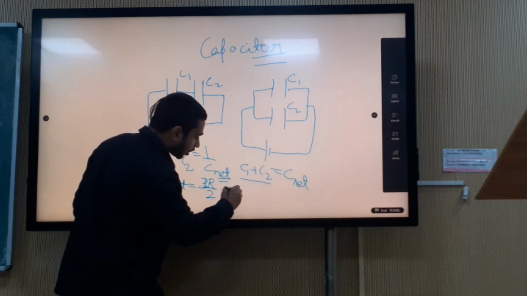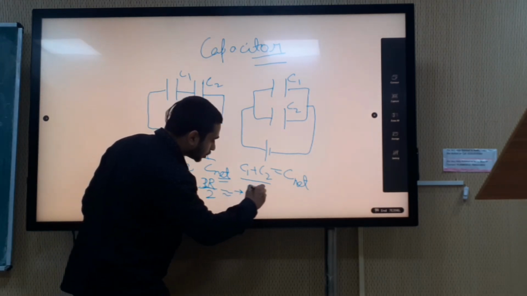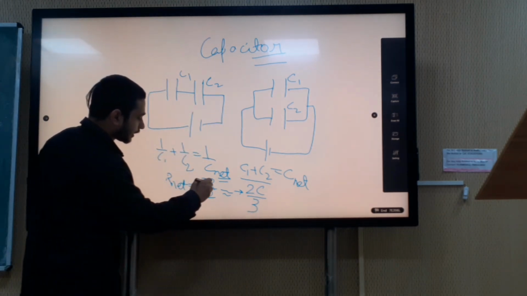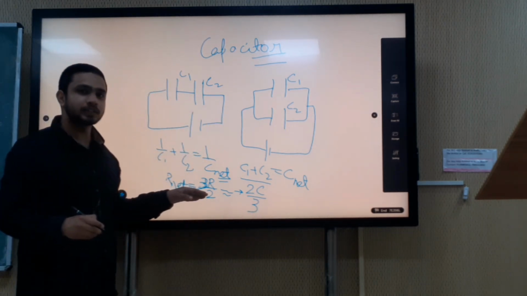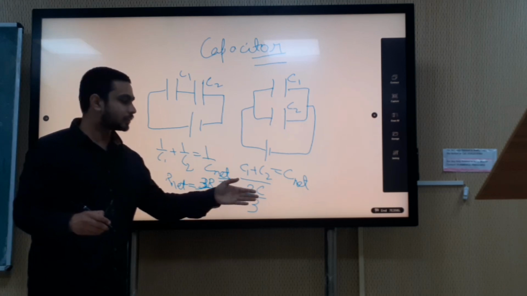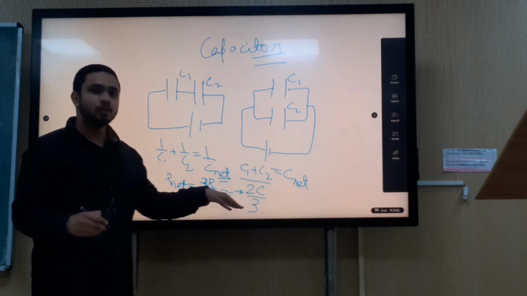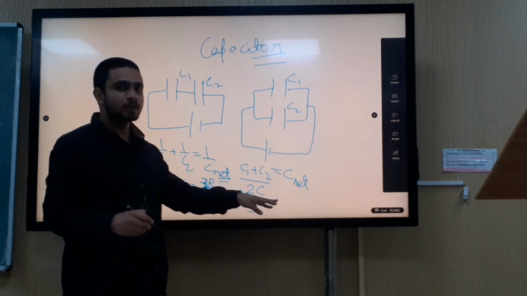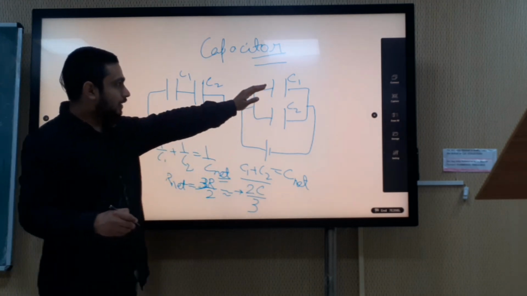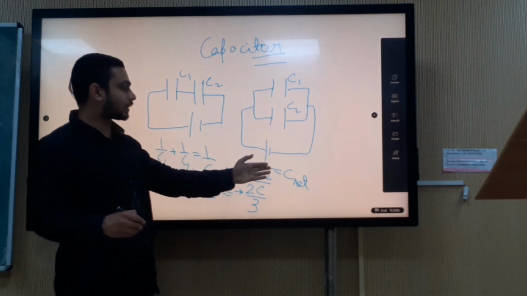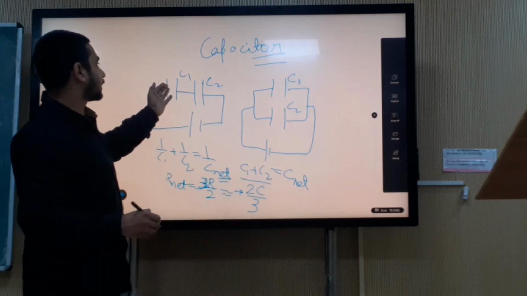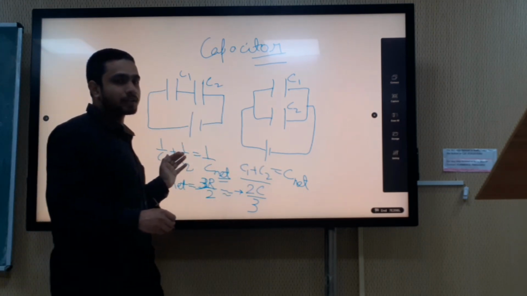So in capacitance, what will be the net capacitance? 2C by 3. So 3R by 2 was the resistance, and the capacitance will be 2C by 3. We just invert that, and in place of R we write C, because if they are connected in parallel for capacitance, they are connected in series in the case of resistance, and if in series, then parallel.